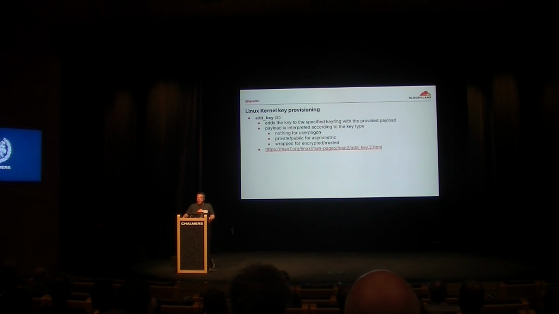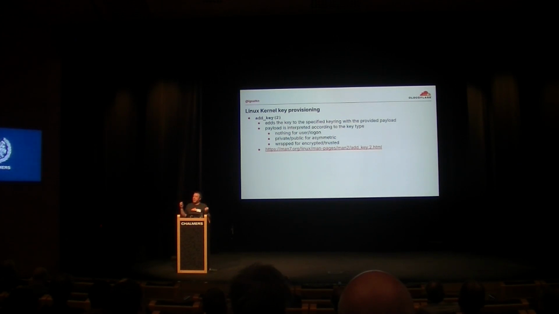There are actually two system calls you can use to insert keys into the kernel. So far, we have been using the add_key system call underneath. The semantics of add_key is that the application says, I have a key, hey kernel, here's my key.